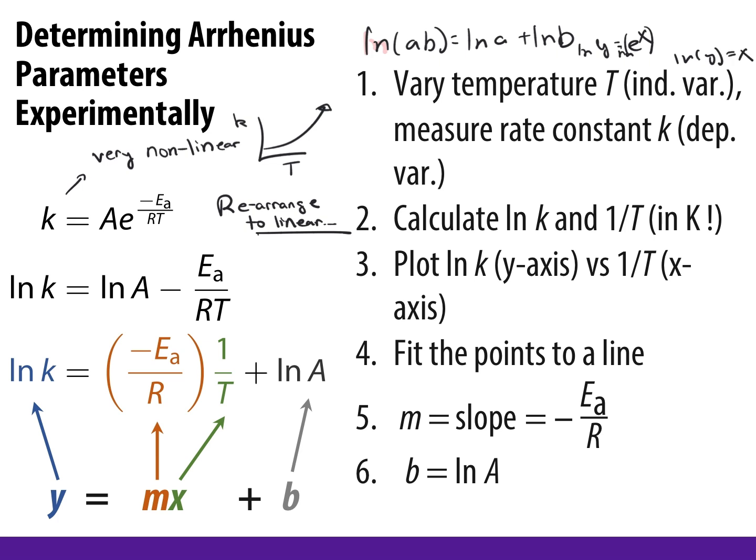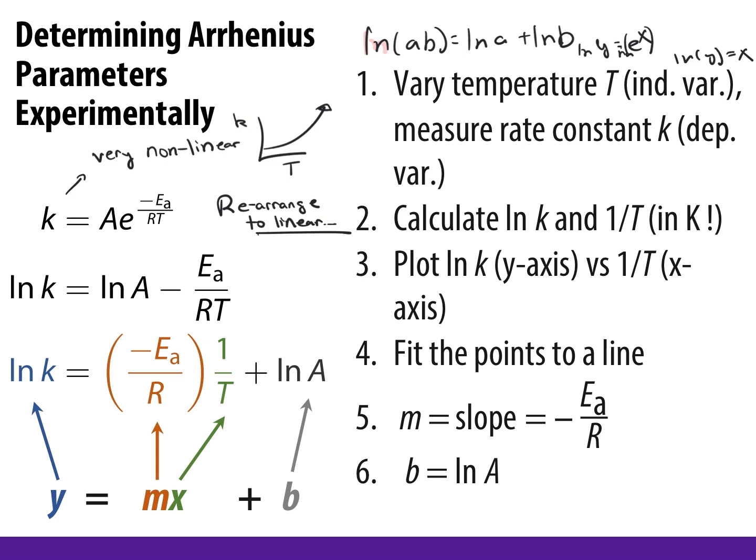So ln is sort of the inverse operation of exponentials. And similarly, if I want to undo an ln, I have to take e to the power of both sides. So those two operations will undo each other. So that ln is motivated by getting rid of the e to the power of on the right-hand side and bringing that down into just the normal part of the equation.